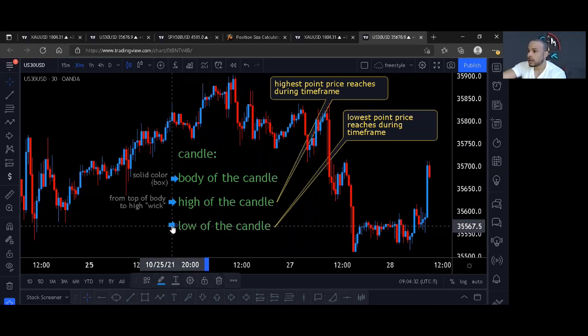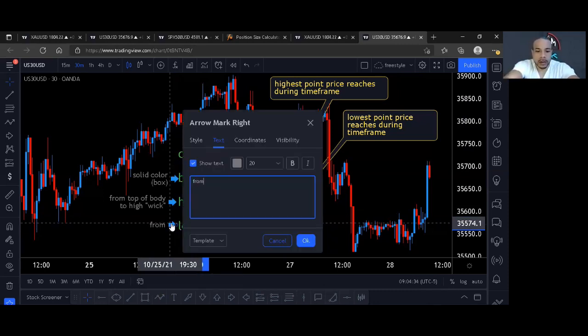And on this one, from the low of the body to the lowest point will create your wick.